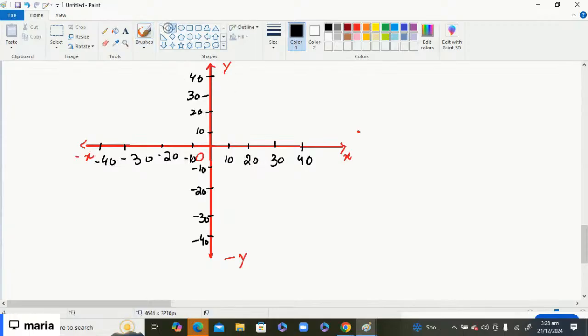Here is the line which is given. First we're going to take the point. The first point I'm going to take here.